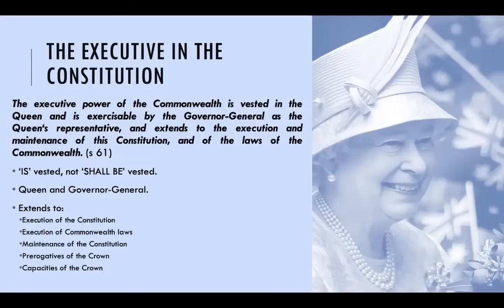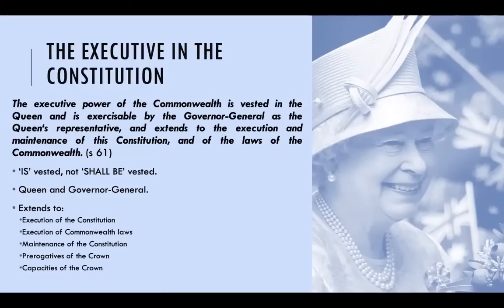The power is vested in the Queen. The power that already exists is vested in the Queen. The reason why I think it is important to highlight this is because it makes sense for me to talk about reserved powers or the prerogatives of the Crown and other non-statutory powers that exist in the figure of the Crown, because the executive power already existed and belonged to the Queen.